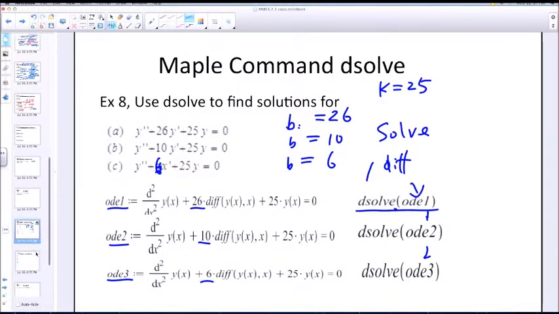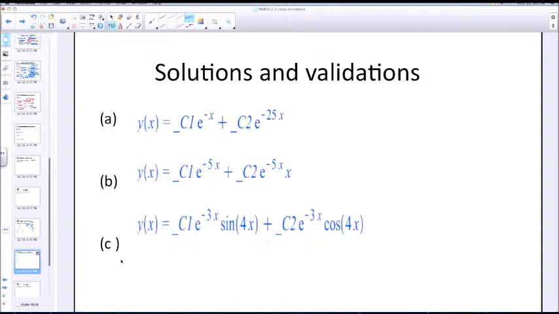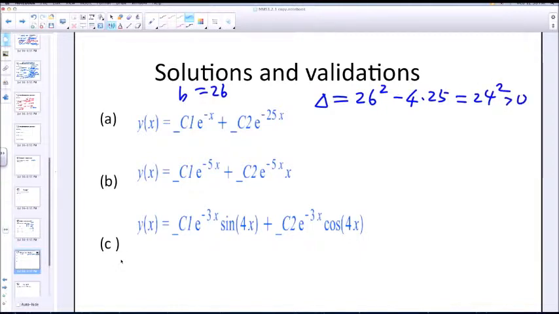Let's look at what the solution looks like. The solution one, it's an over-damped problem, and I want to check delta. You remember B equals 26. It's 26 squared minus 4 times 25 equals 24 squared, positive. That's over-damped. And then you get the 2 exponential functions.